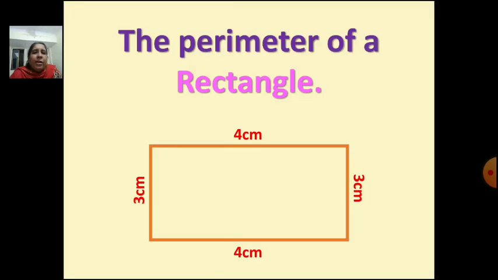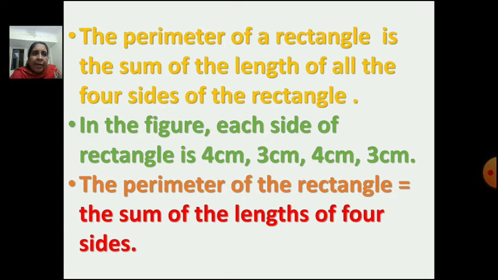Now, let us see how to find the perimeter of a rectangle. Here you can see the length and breadth of the rectangle are given, right? 3 centimeter, 4 centimeter, 3 centimeter, 4 centimeter. So, now we have to find the perimeter of a rectangle. The perimeter of a rectangle is the sum of the length of all the four sides of the rectangle.